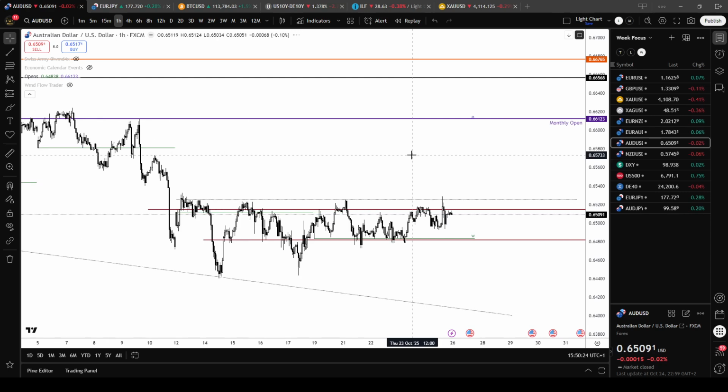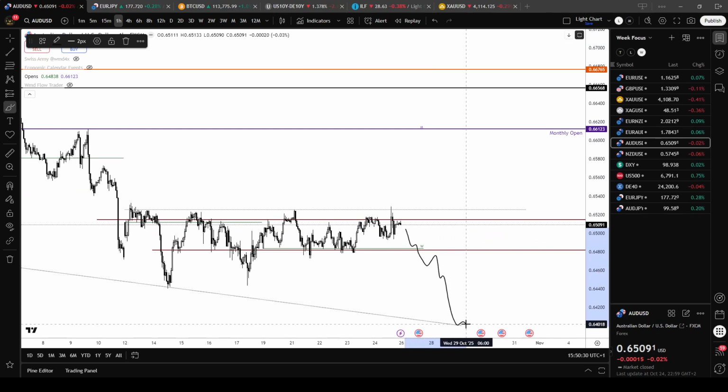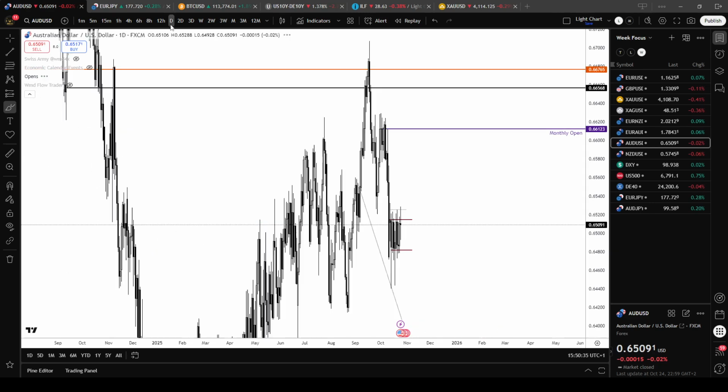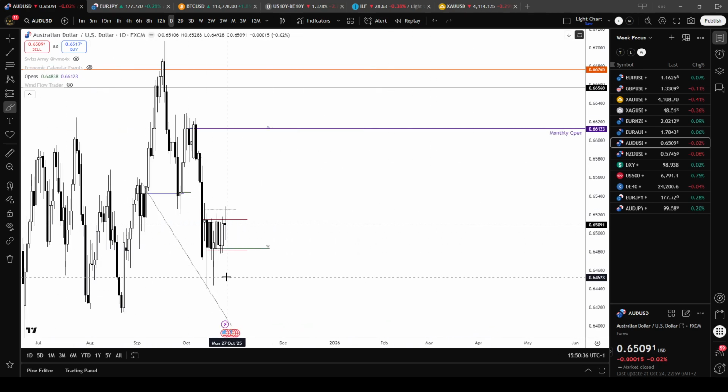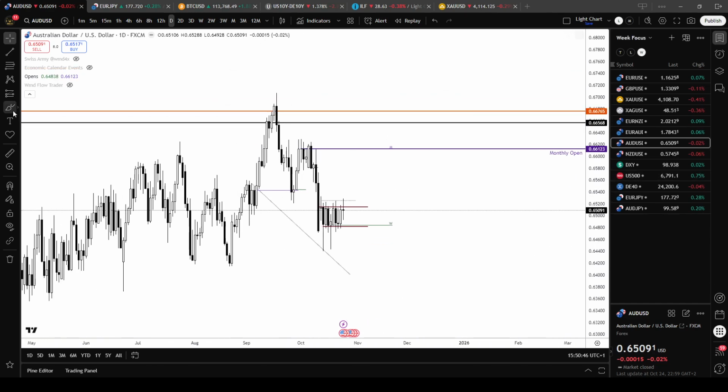So yeah, this is pretty much what I wanted to see. Of course, it can just break down and make new lows, and my whole idea was wrong. But when you have these weeks here and price is compressing, I think it's very clear, especially because you also come from selling off this whole leg here.